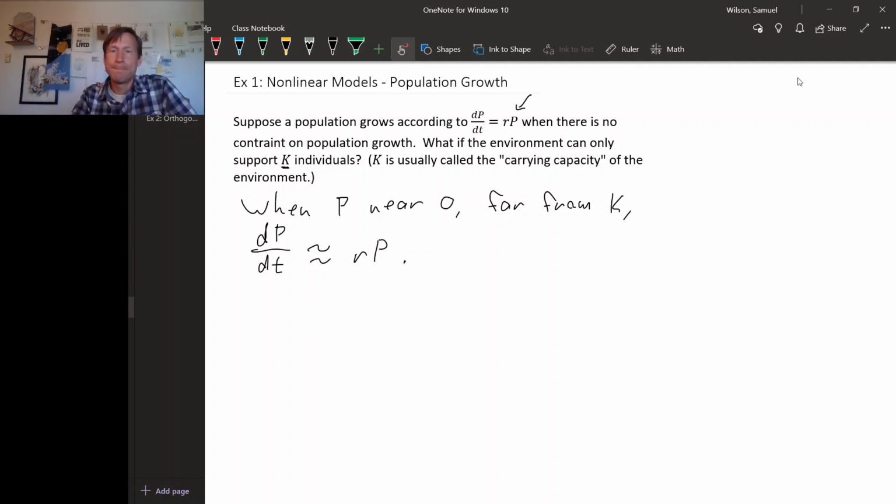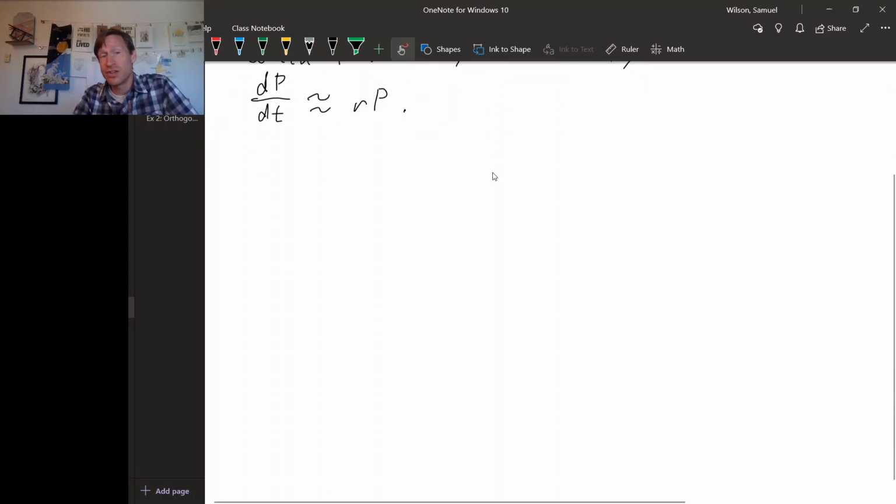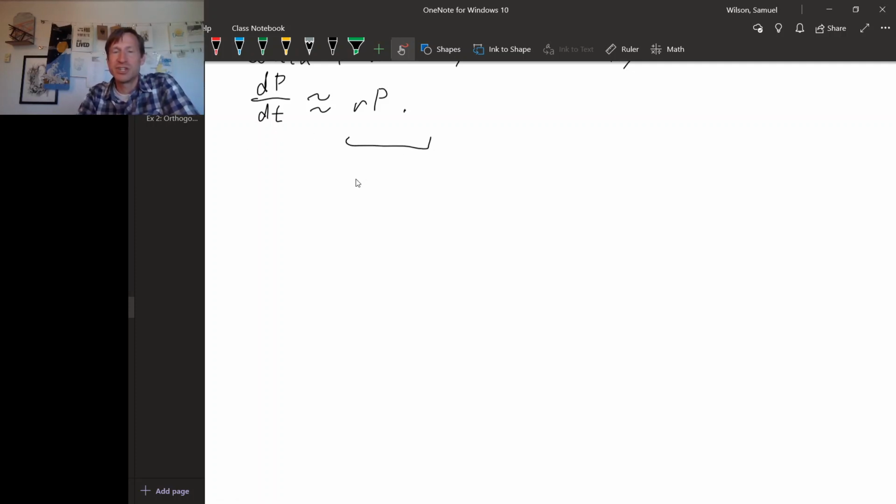Since there's nothing about the situation that explicitly mentions time affecting the growth rate of the population, we can expect that whatever equation we write down is going to be autonomous. So however we change this right-hand side, t won't show up.